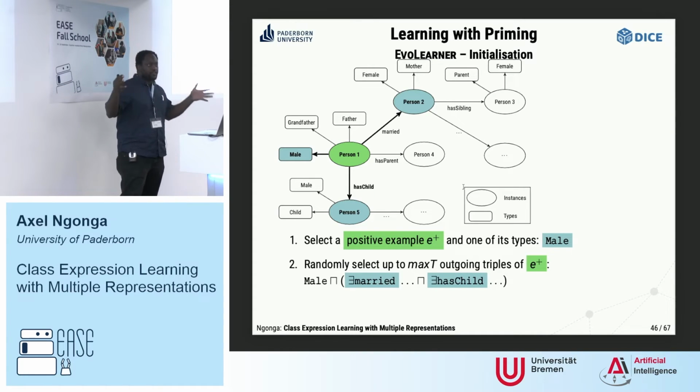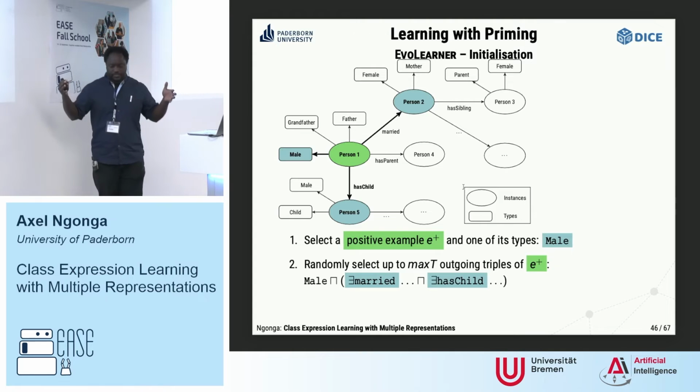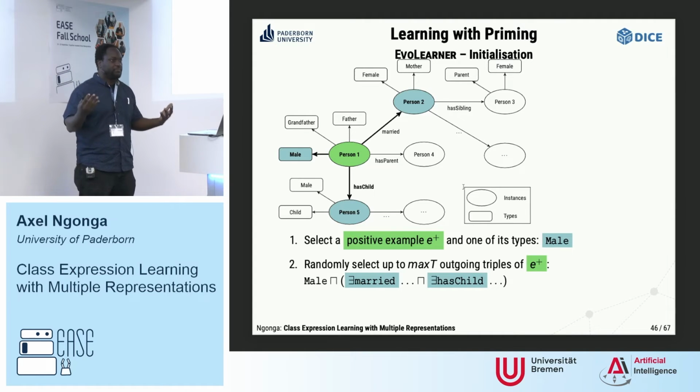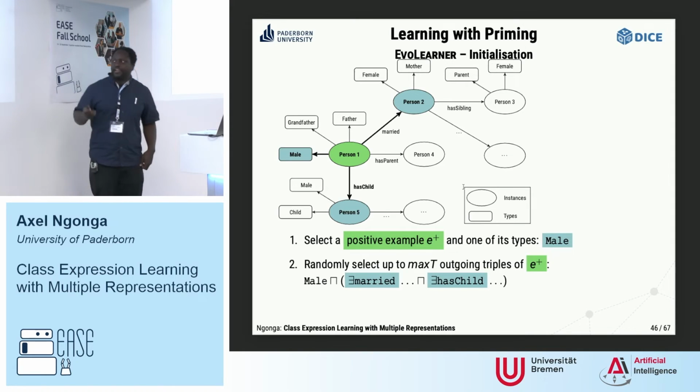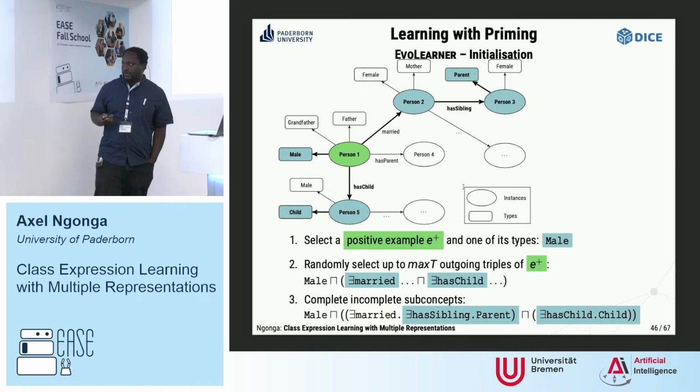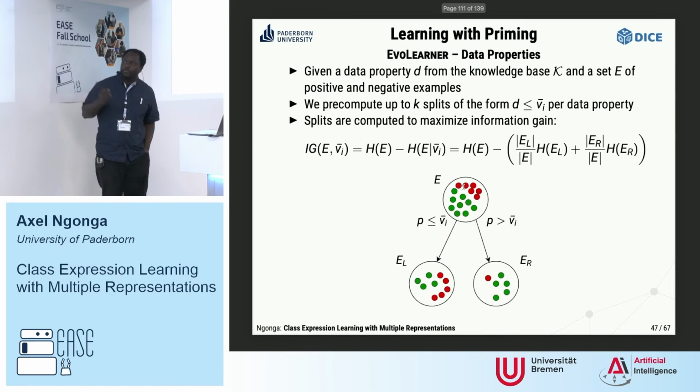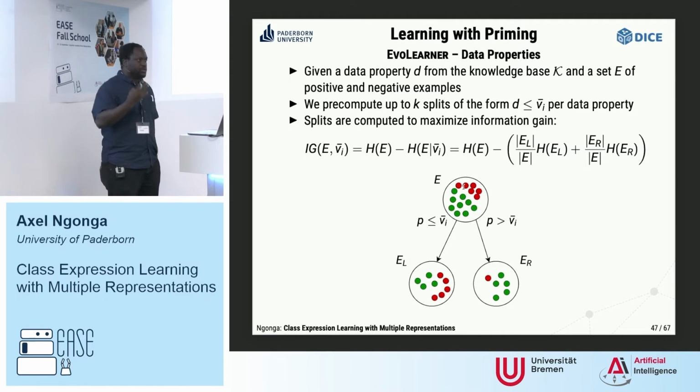If we generate enough of these concepts based on the positive examples, we can actually prime, ergo start our population that way. Instead of using the standard, let's begin with the random population. And then apply the classical operators, which we all know from genetic programming, to basically take those trees and refine them further.